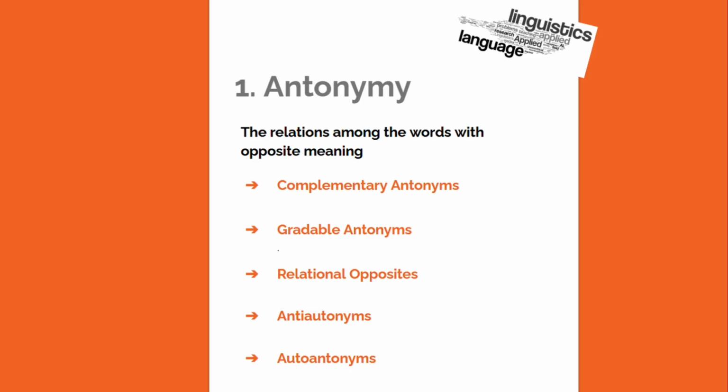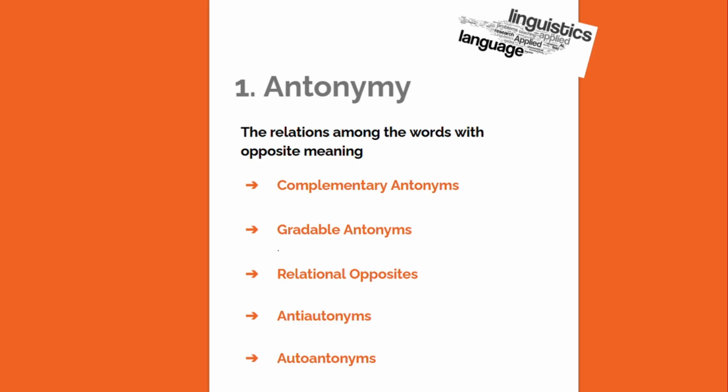They are complementary antonyms, gradable antonyms, relational opposites, anti-antonyms, and auto-antonyms. We are also going to look at some example pairs to better understand those 5 concepts.